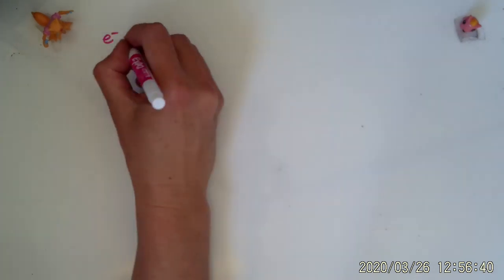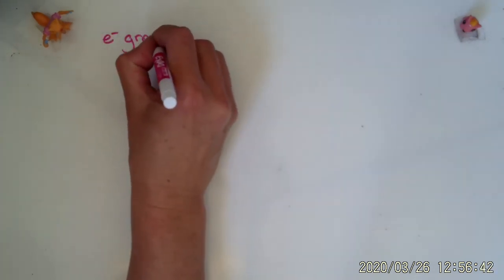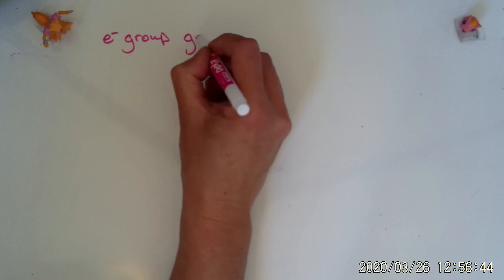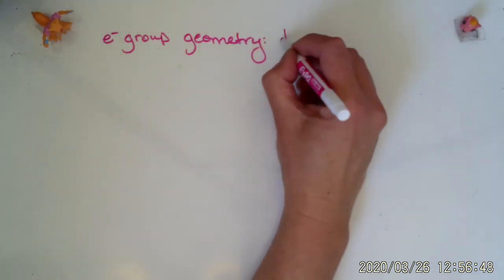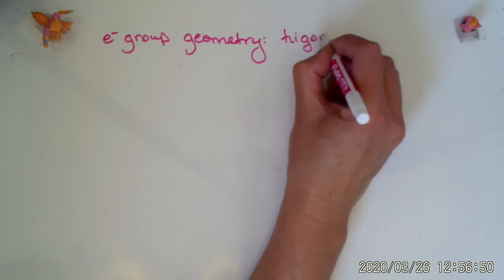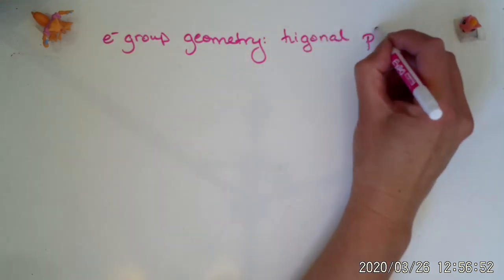So ozone, we said, was trigonal planar for the electron group geometry. It's trigonal planar.